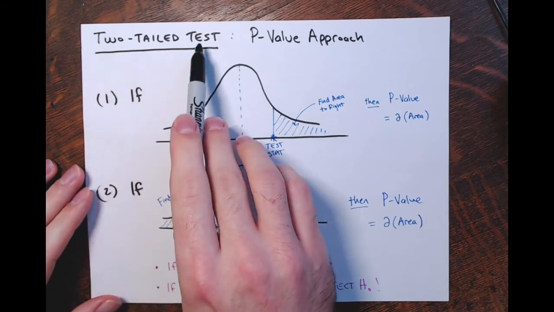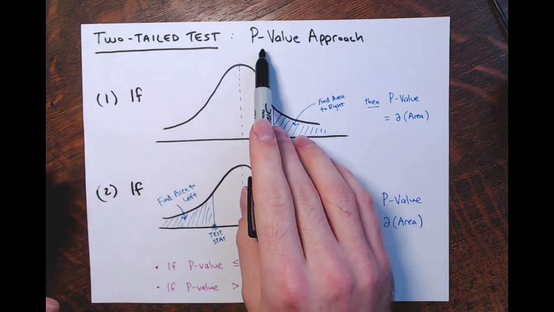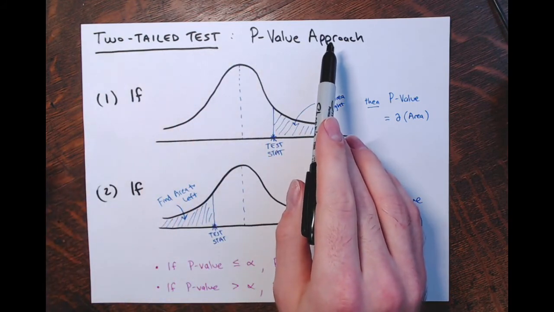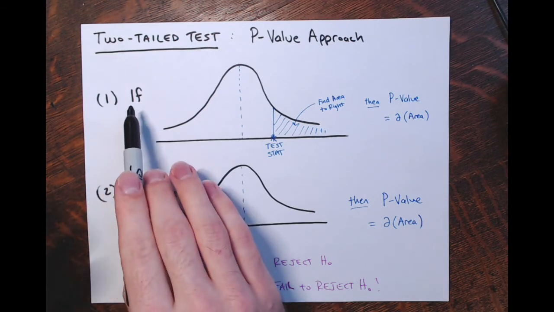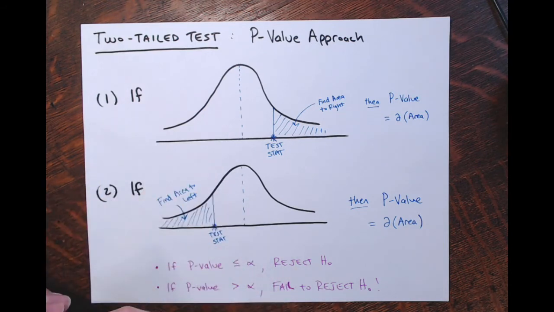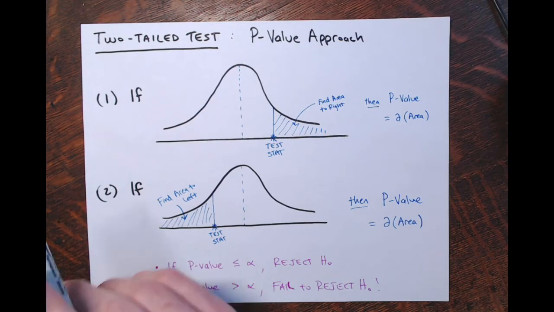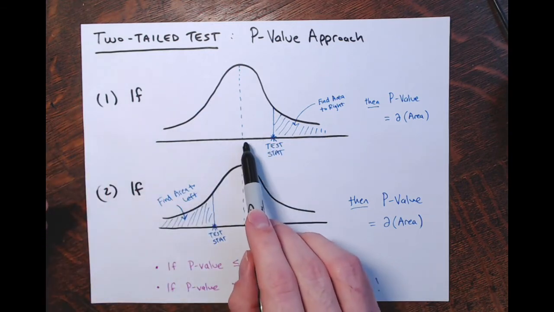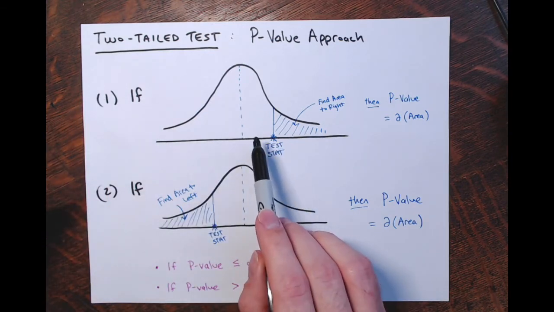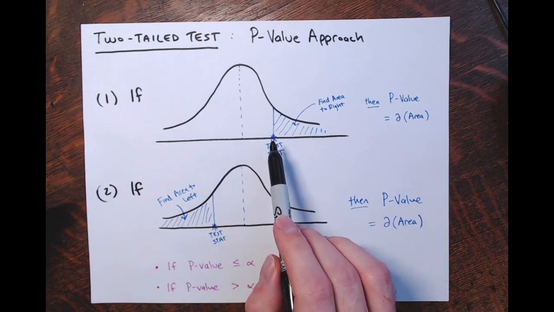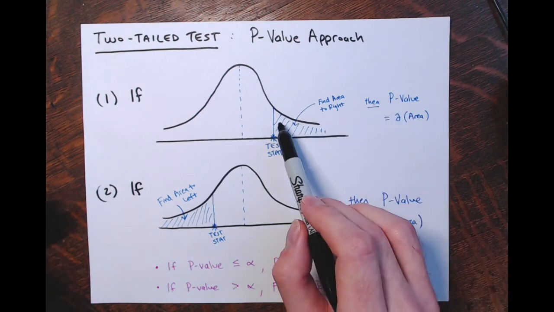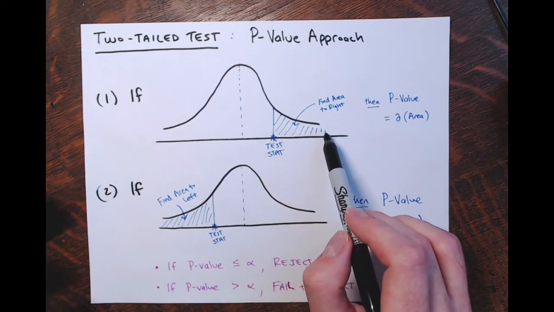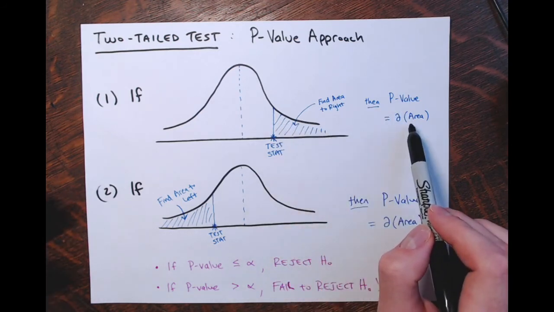So if you're doing a two-tailed test and using this p-value approach, you have to pay attention to your test statistic. If you calculate the test statistic for the sample you have, if the test statistic is to the right of center, if the test statistic is above the mean, then to find the p-value, you find the area to the right of the test statistic and double it.